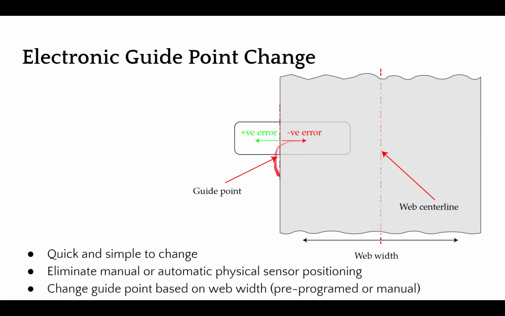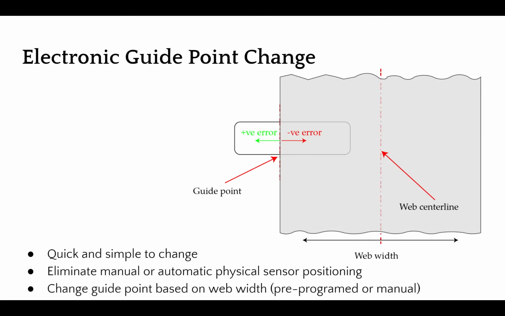Electronic guide point enables us to do quick changeover. It doesn't require an operator to move the sensor manually or through the sensor positioner. Manual movement of the sensor is being avoided right now because of safety reasons. We don't want operators to get into the machine and move the sensor.